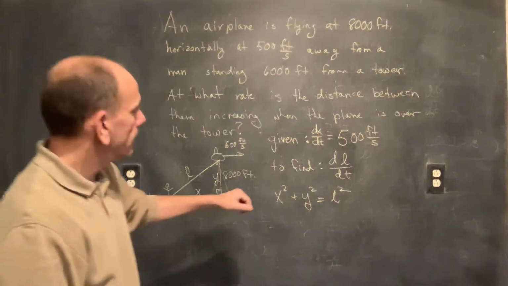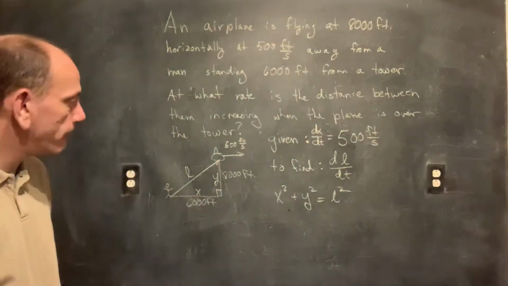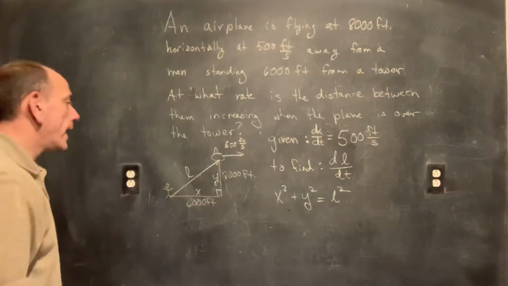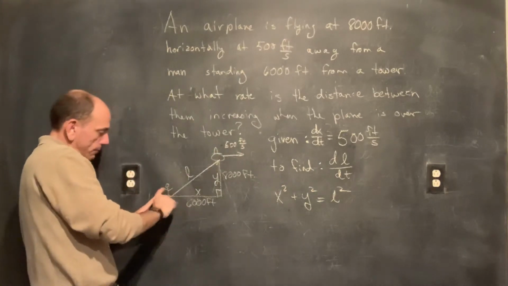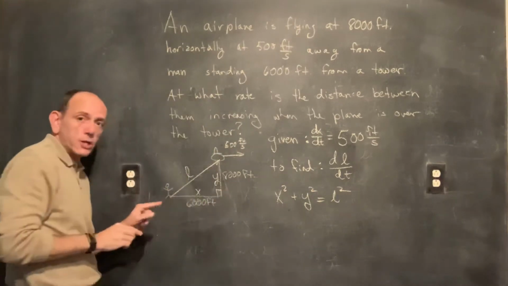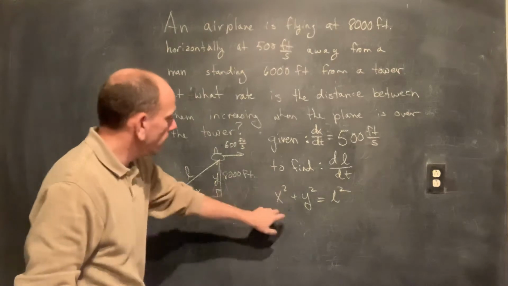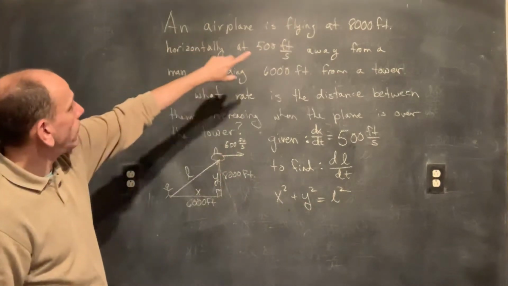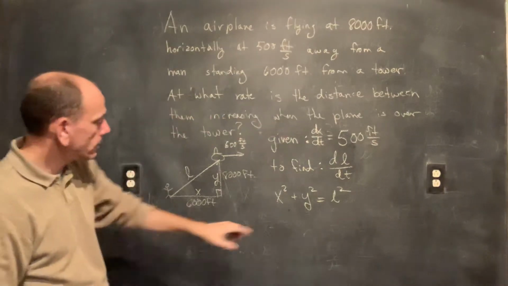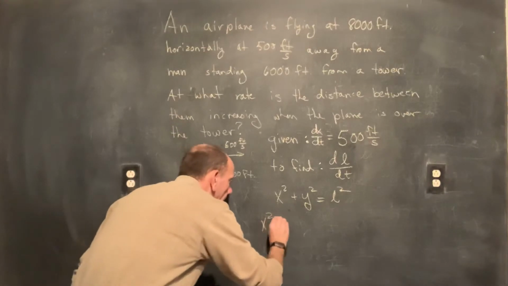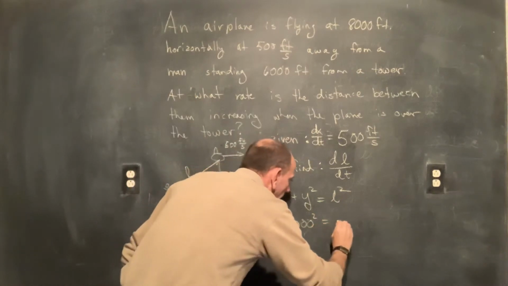That's my link between x and L. If this plane is flying away, then x is going to be changing, so x is not a constant. But what about y? Well, it was flying at 8,000 feet, so that's steady. It's staying at the same height, so this is actually just a constant. The y height is 8,000 feet, squared.